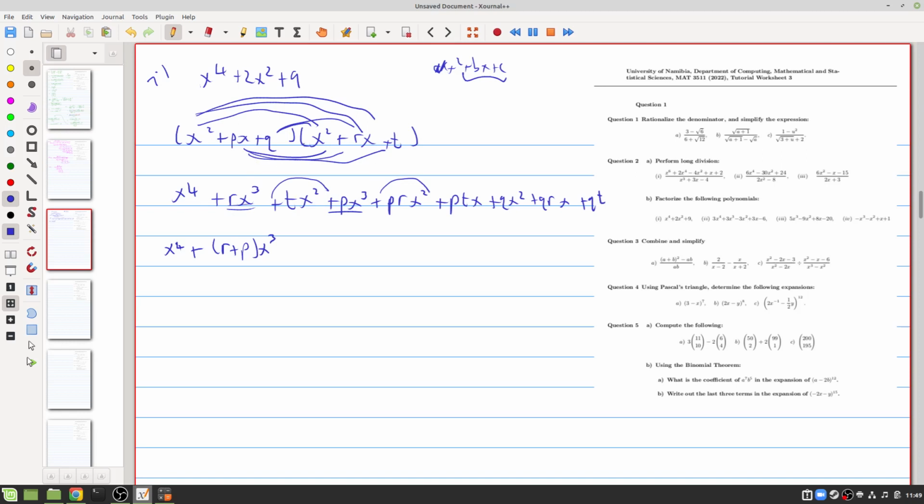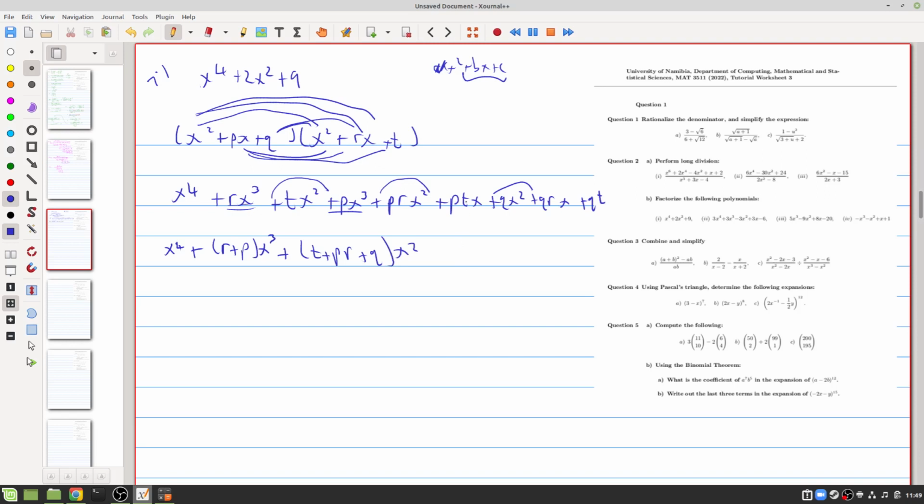So px cubed plus prx squared, okay, then px squared. Yeah, that looks right. So for the x squared, we've got t plus pr plus q, x squared.